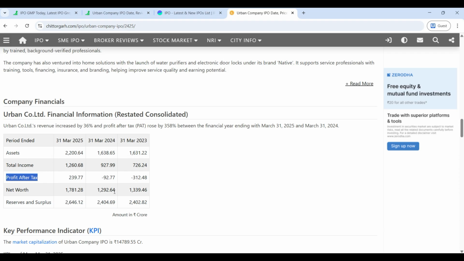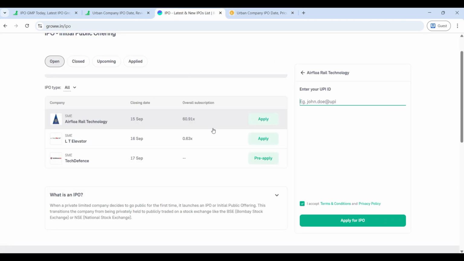And if I feel confident, then I can go ahead and apply for an IPO. So, IPO is nothing but initial public offering, where the company is not listed in the share market, but it is about to get listed. So they will get listed through this IPO.